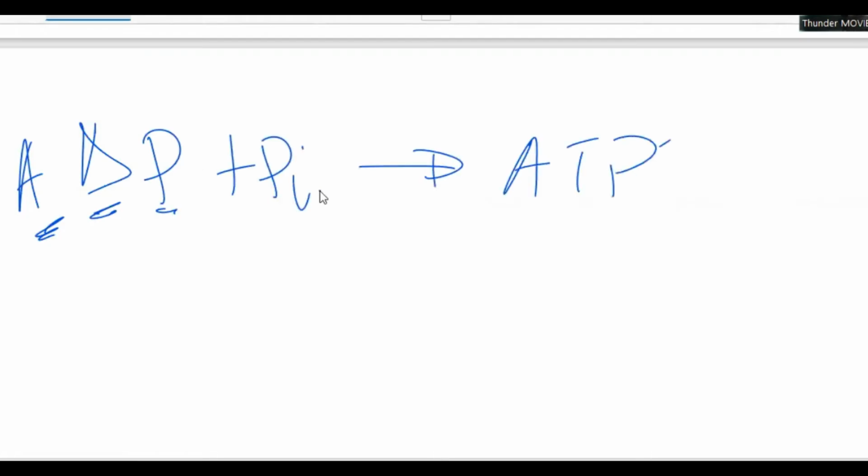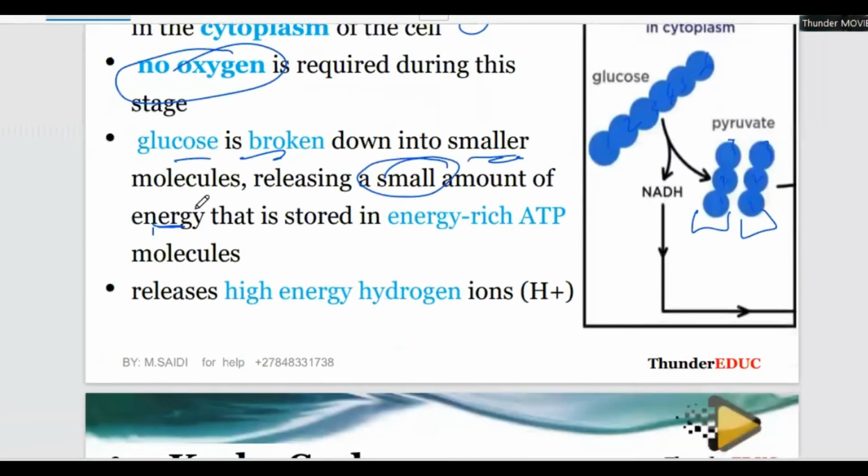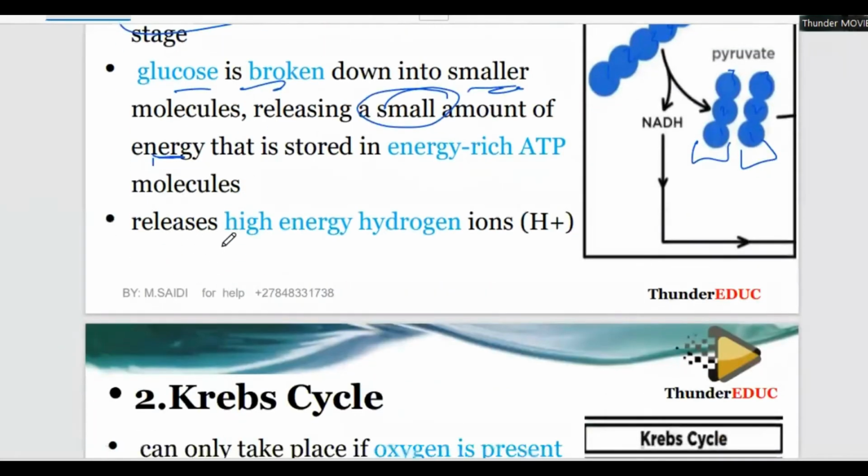You form ATP, which is adenosine triphosphate, which means three phosphates with the adenine added there. During this process, some energy is released, and this energy is used to form this bond. Hence, you form adenosine triphosphate, so that this small amount of energy is stored in the energy-rich ATP molecule.